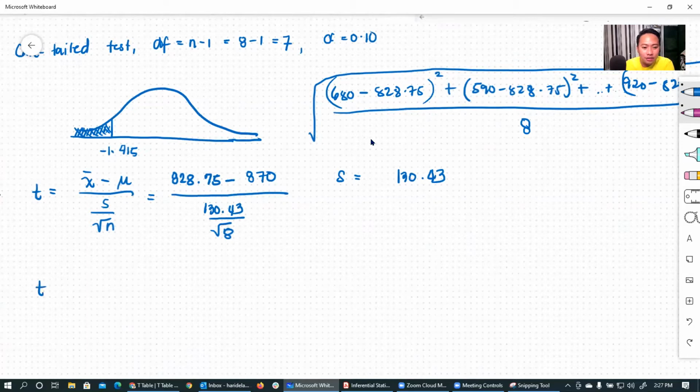So let's continue solving for t. 828.75 minus 870 over 130.43 divided by square root of 8, I have negative 0.89. Yeah.